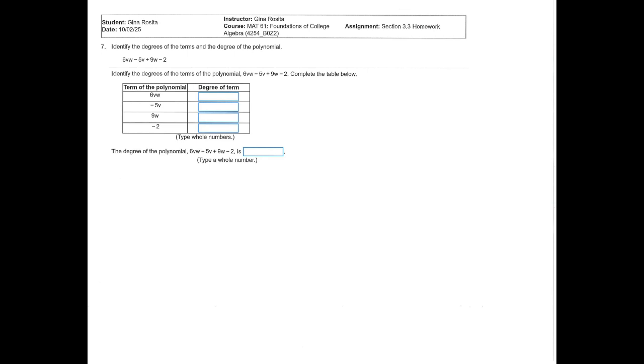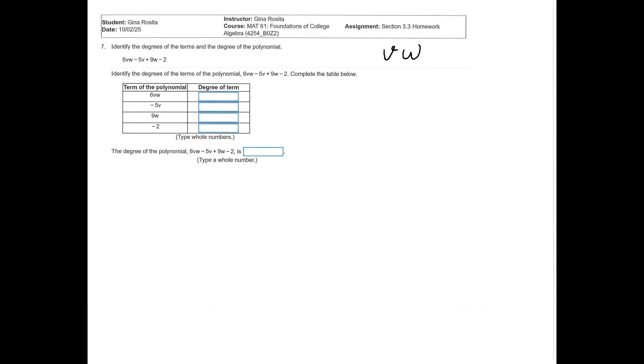But this one, the degree of a term with more than one variable, because there are two variables, this is V and W. Okay, so the degree of a term with more than one variable is the sum of the exponents of the variables.